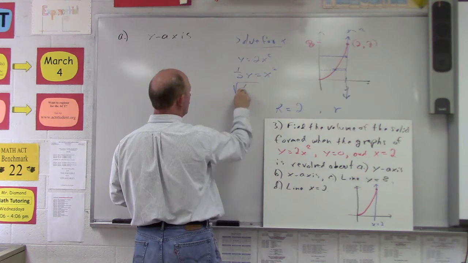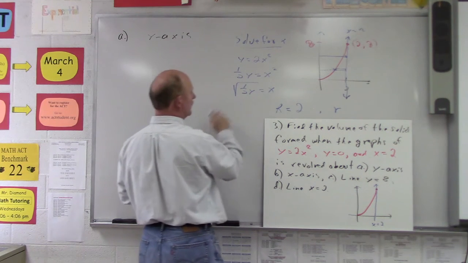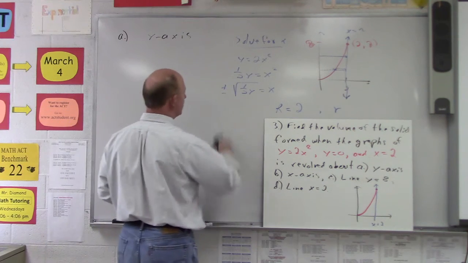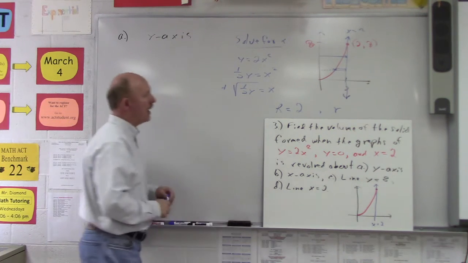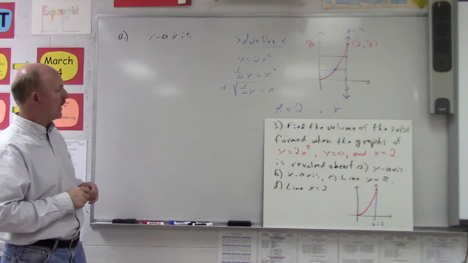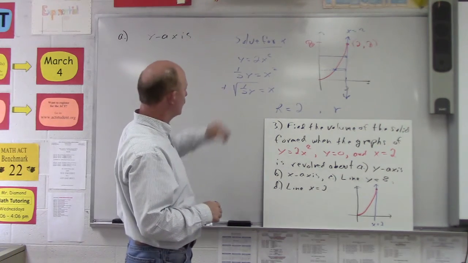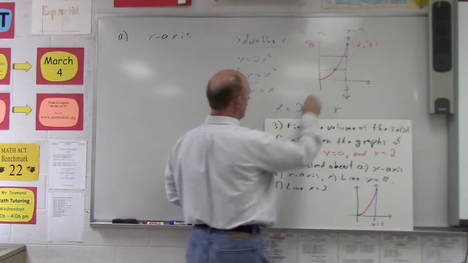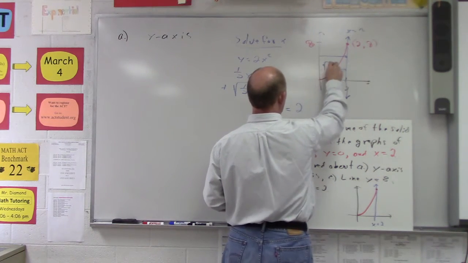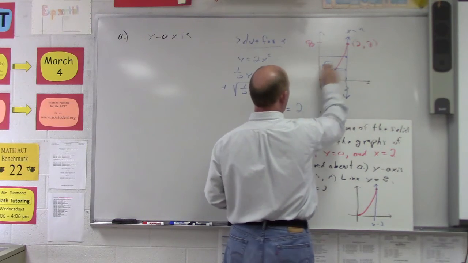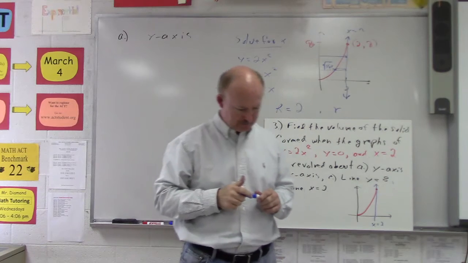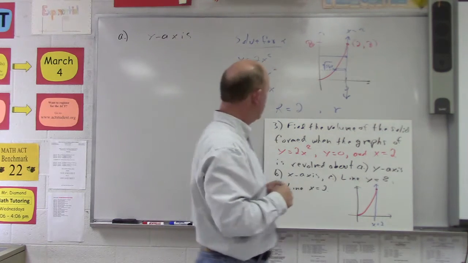So the square root of 1/2 y equals x. Now it can be plus or minus, but we don't need the minus. All we need is the positive value, the positive half, the negative half will be the other side. So this distance right here would be the square root of 1/2 y.